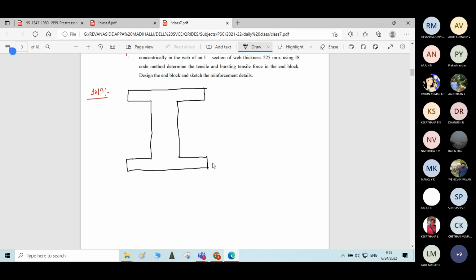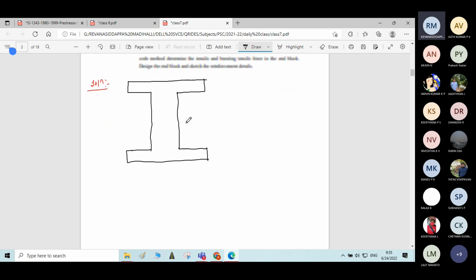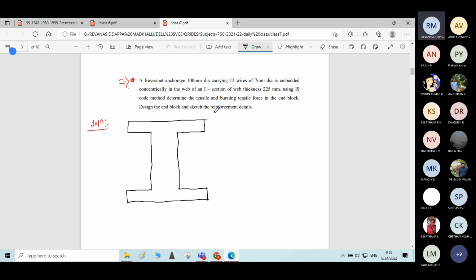A Freyssinet anchorage 100 dia carrying 12 wires of 7 dia is embedded concentrically in the web of the I section.